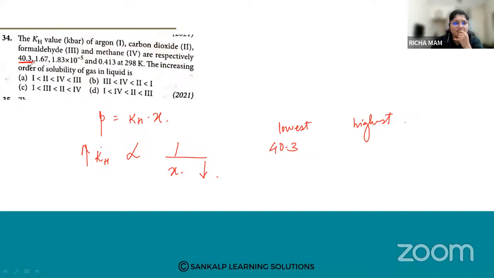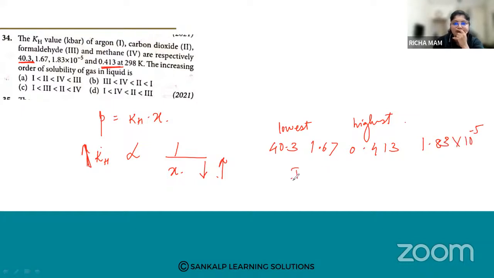Because more is the KH, lesser is the solubility. And they have asked the increasing order of solubility, increasing. So it should increase more. So 40.43, then is your 1.67, then is your 0.413, then is 1.83 into 10 raised to minus 5.